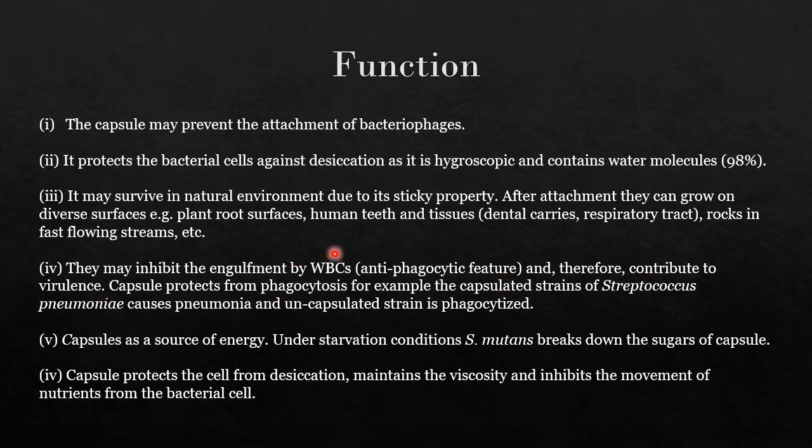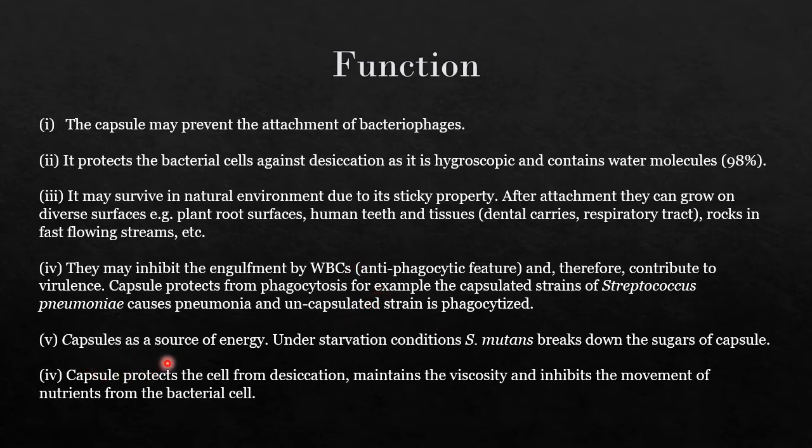As the bacteria skips phagocytosis, it starts expressing virulence factors, so it can easily contribute to virulence. So the capsule protects from phagocytosis. For example, the capsulated strain of Staphylococcus pneumoniae causes pneumonia, while the uncapsulated strain is phagocytosed. So this makes a lot of difference, correct?